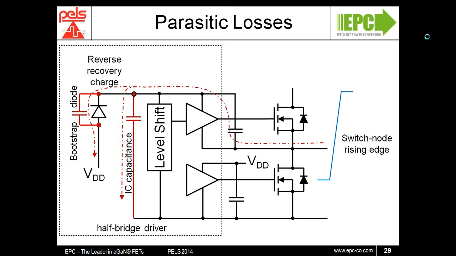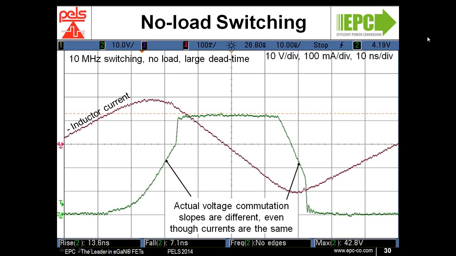To see the impact of both the diode reverse recovery and the well capacitance COSS, let's consider this no-load switching waveform. Here we are switching at 10 megahertz and the dead time has been significantly increased to increase the commutation interval. What can be seen here is that the rising and falling edges don't have the same slope, even though the peak and valley currents are symmetrical.